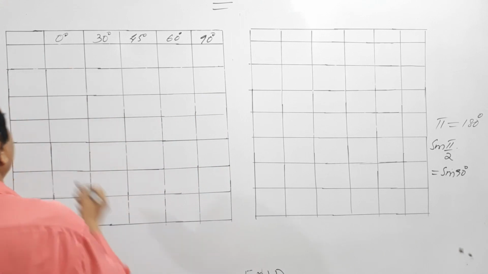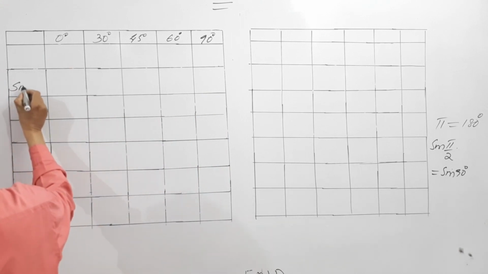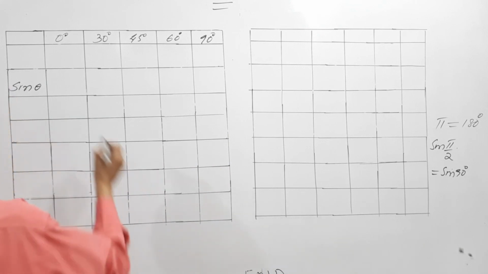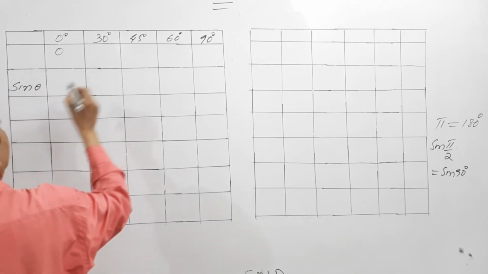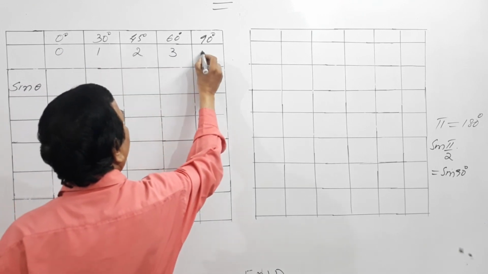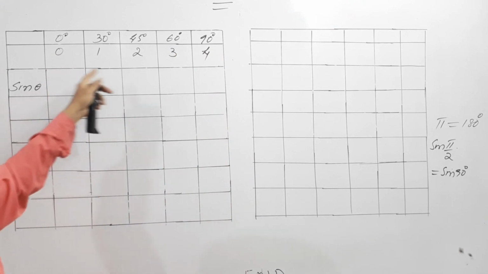First we will find sin theta. What you do is start with 0, 1, 2, 3, 4. First start from 0.